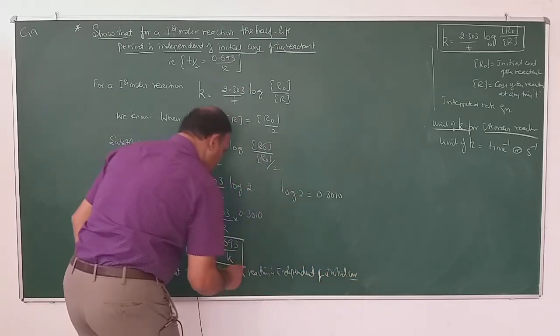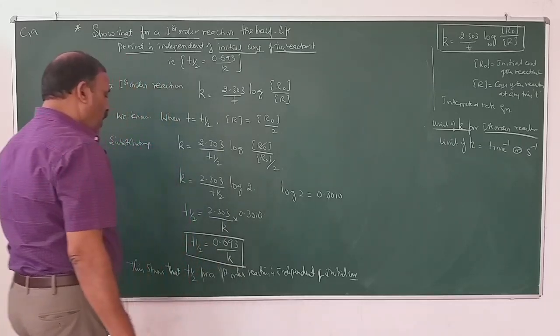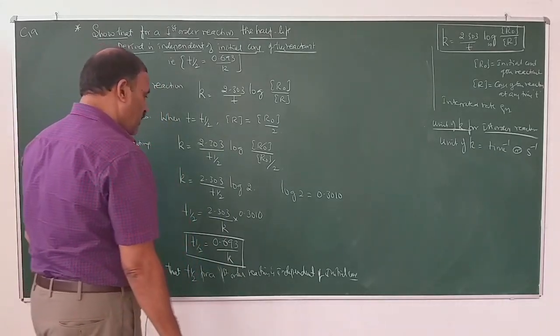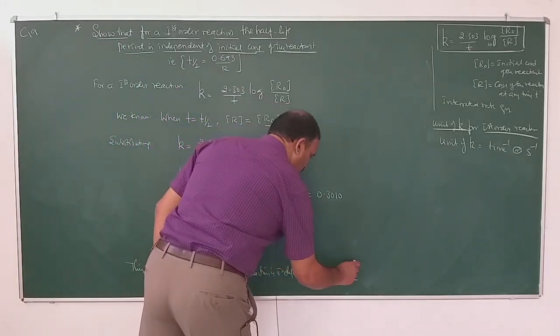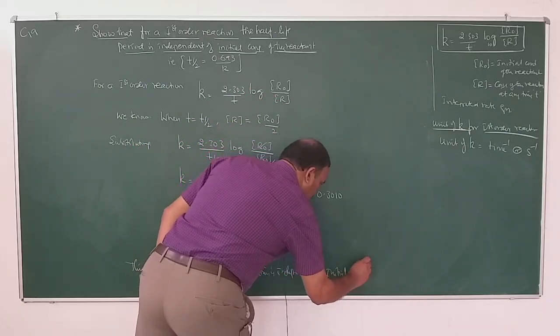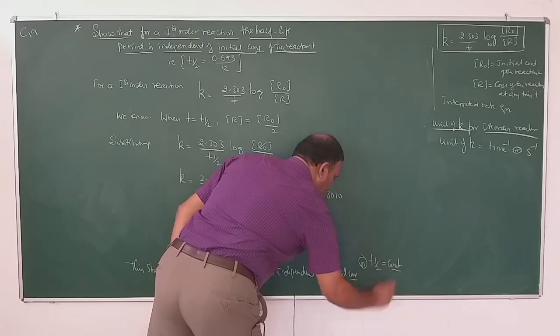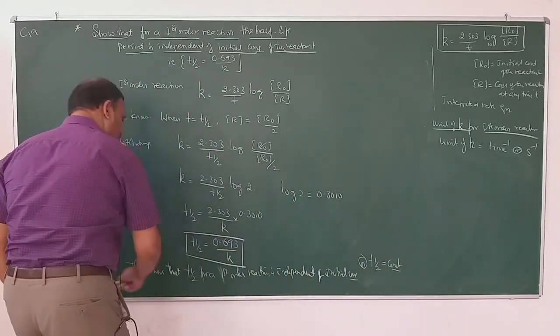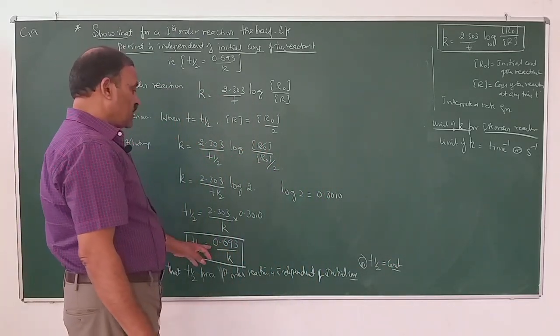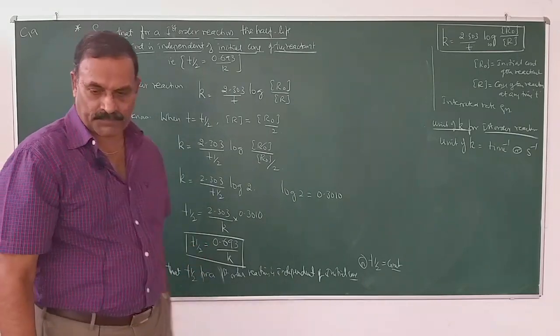Since this equation does not contain R naught term, it is independent of initial concentration, or T half is equal to constant. So for a first order reaction, T half is constant.